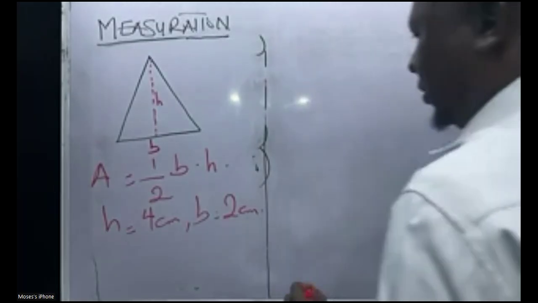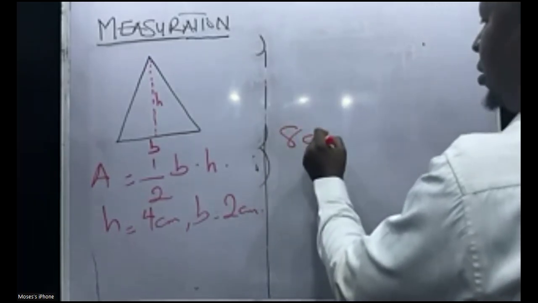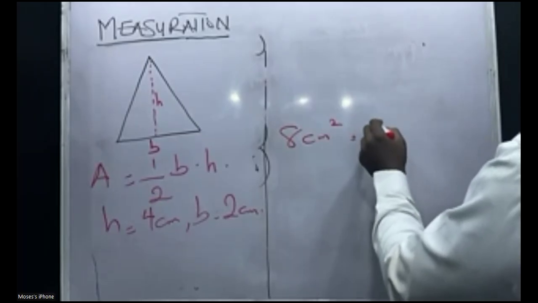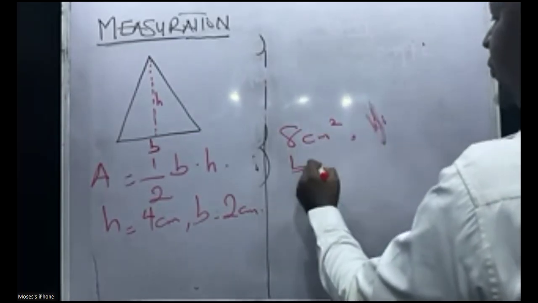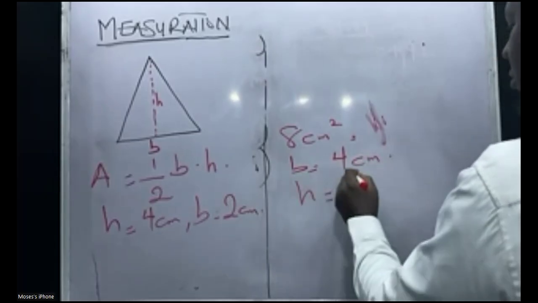If you are given an area of 8 centimeter square and you are given your base to be 4 centimeter, find the height. What will be your height?